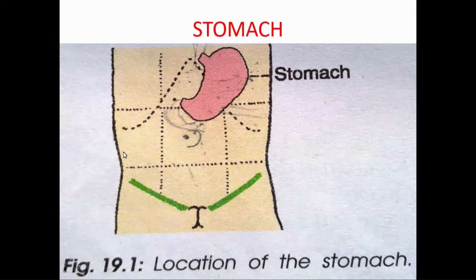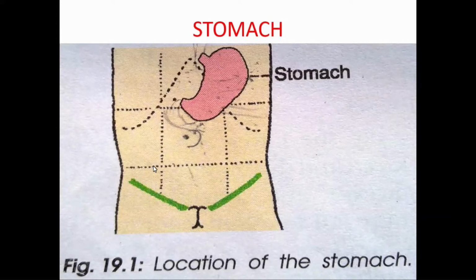So the upper horizontal plane passes through the pyloric orifice of the stomach and its vertebral level is the lower border of L1. It is named the transpyloric plane.